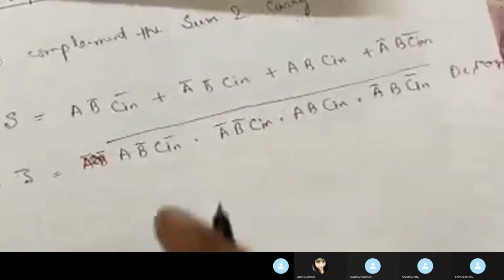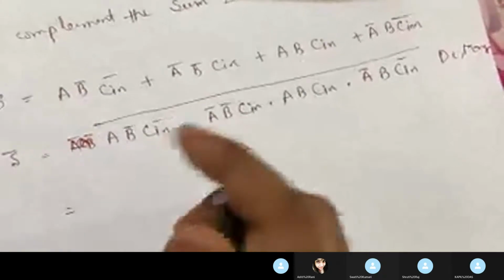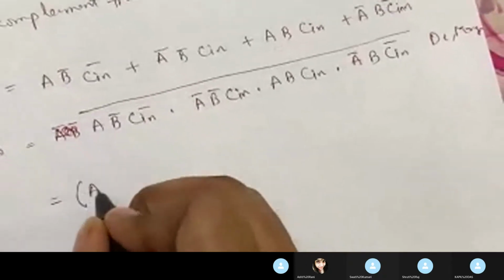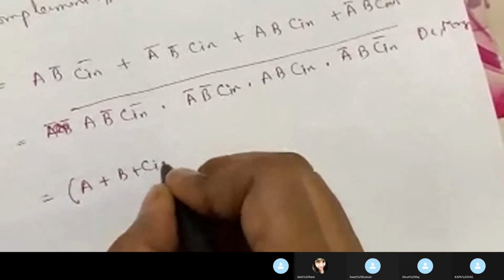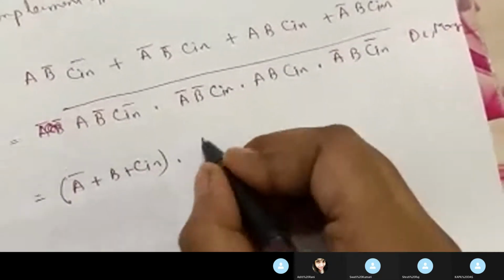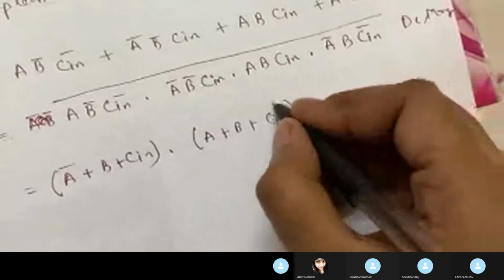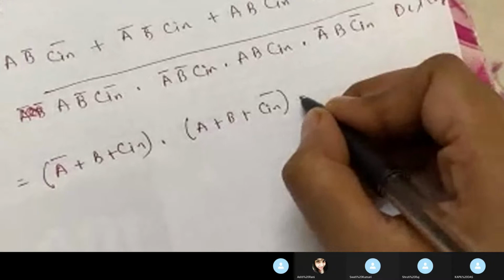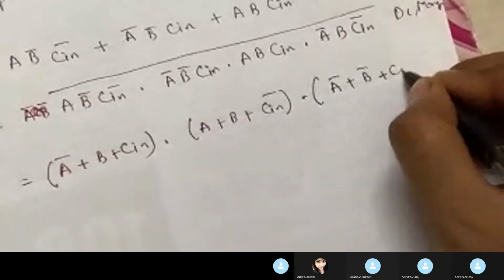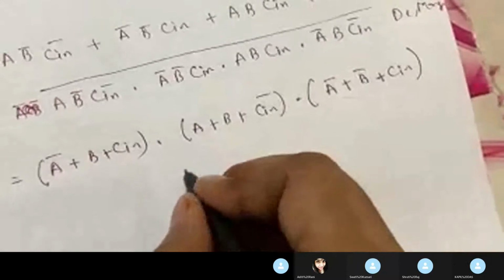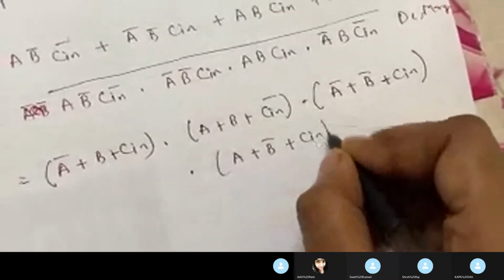So now from this, again इस पे अगर हम फिर से De Morgan's अप्लाई करते हैं, A plus B plus C in into A plus B plus C in into A bar plus B bar plus C in into A plus B bar plus C in.